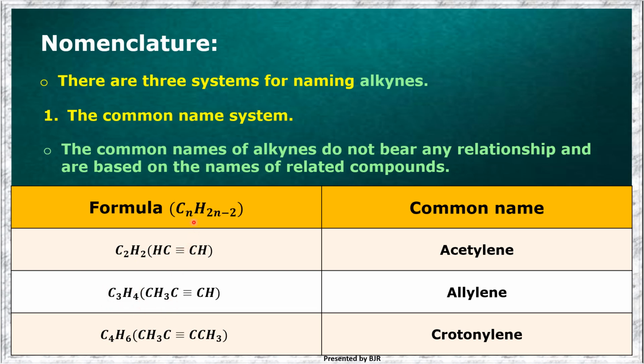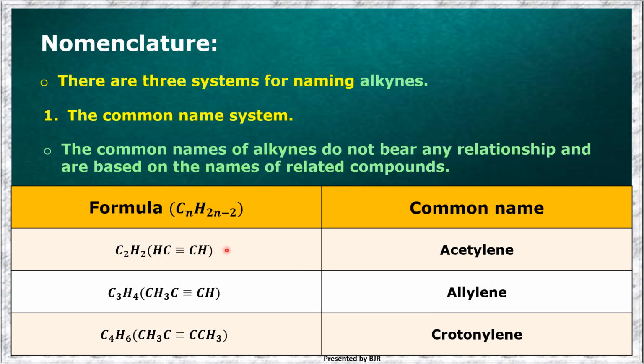When n is equal to 3, we get C3H4 and its condensed formula has been given in the bracket, and the common name of this molecule is allylene. The next member is C4H6 and here is the condensed formula. The common name of this alkyne is crotonylene.